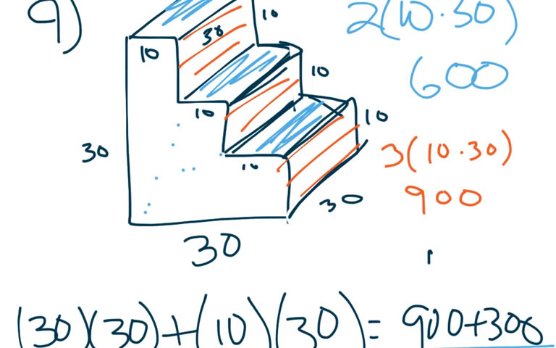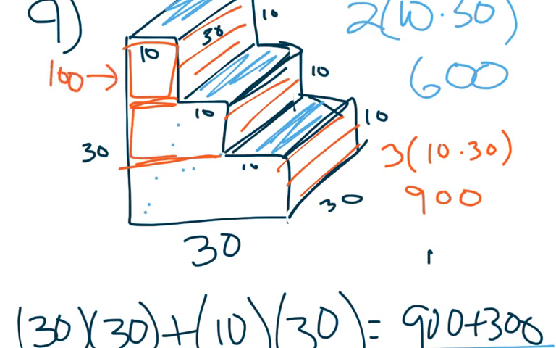And this is probably going to be the most difficult one, this side that kind of looks like stairs. So we can separate them into 3 different shapes, and then we can add them all up. So this first square over here is 10 by 10. So that is going to be 100.